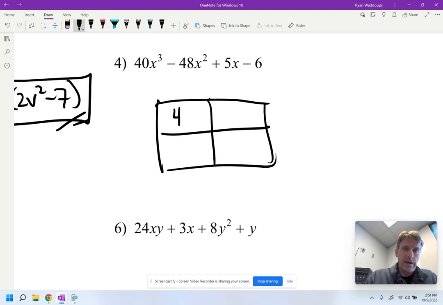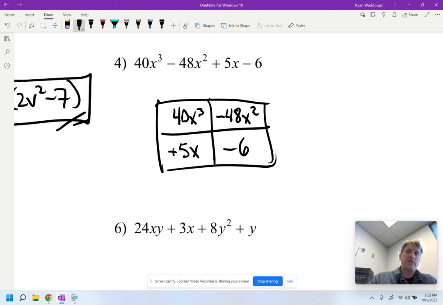So I put 40x cubed in the top left box minus 48x squared plus 5x minus 6. And then I ask myself for each row and each column, what is the GCF? 40 and 48, I think 4, and x squared.